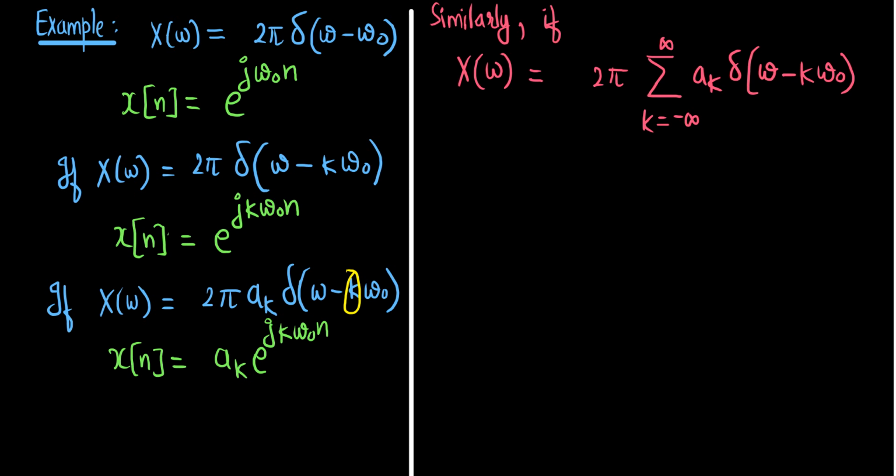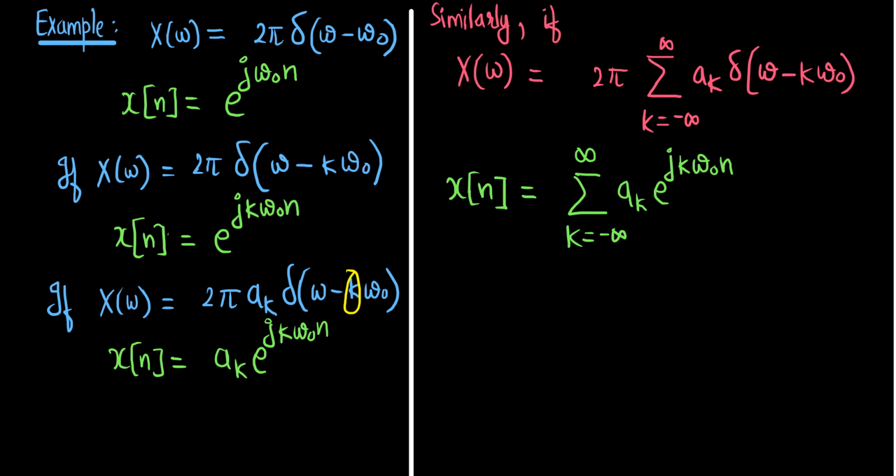So if we do that, its equivalent x of n is going to be equal to summation k running from minus infinity to infinity a_k e power j k omega naught n. And what we have found here is the discrete time Fourier series representation.